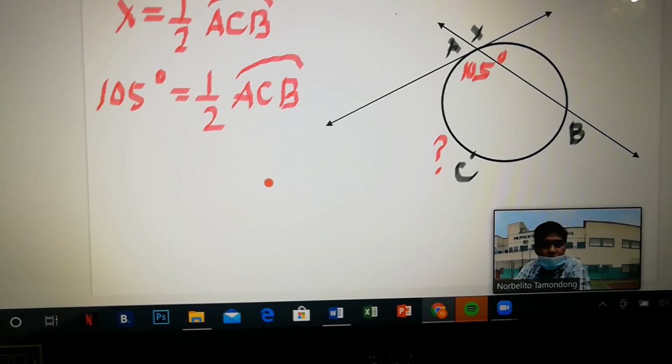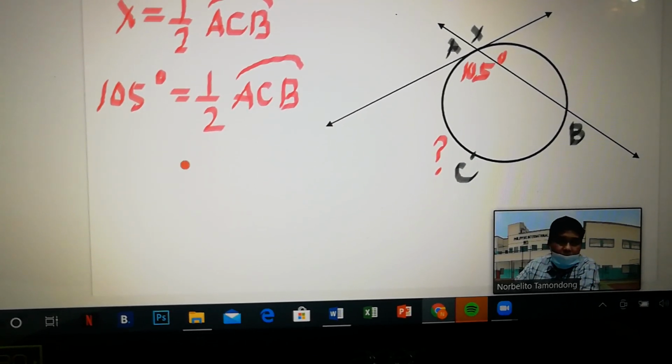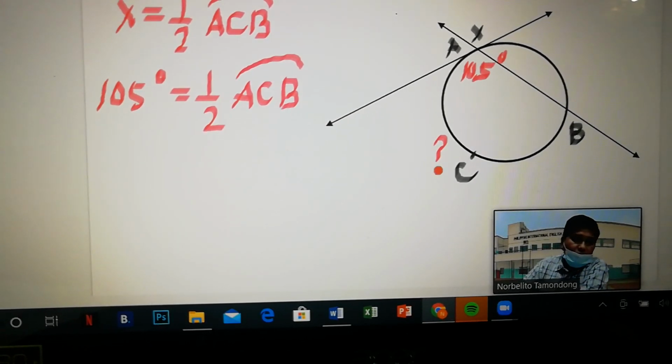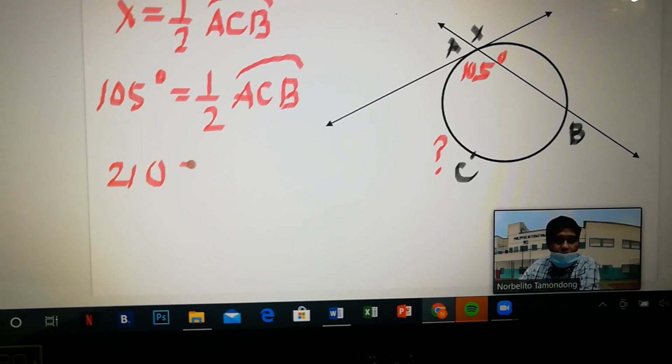To remove the fraction, multiply by the LCD, which is 2, or simply multiply both sides of the equation by 2. So the left side is 105 times 2, equal to 210.